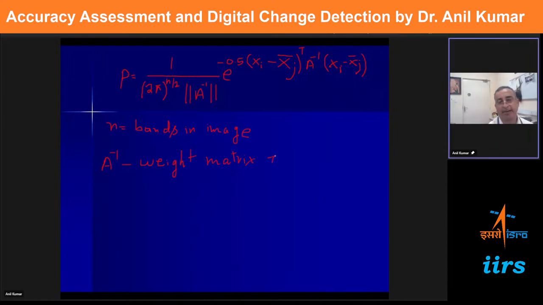It can be a unit matrix, variance covariance matrix, or diagonal variance covariance matrix.